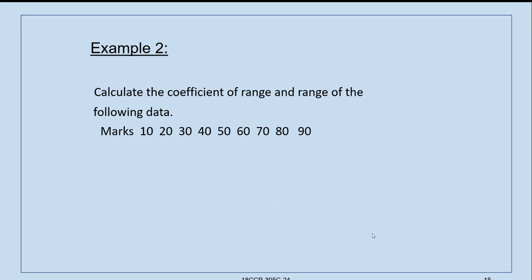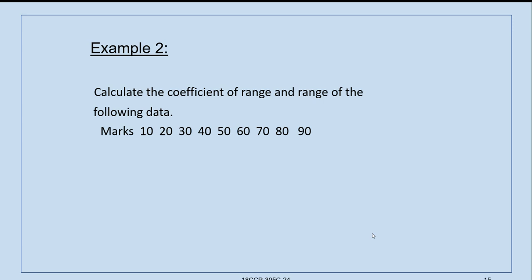We will see another example where we will calculate range and coefficient of range. Here the smallest number is 10 and the highest number is 90. So range is equal to 90 minus 10, that is 80.